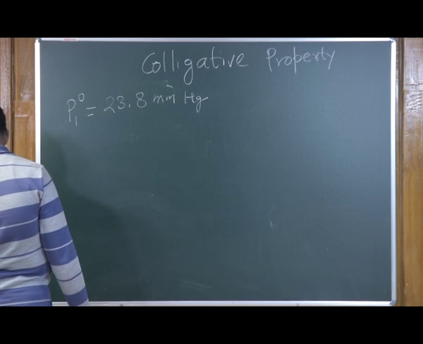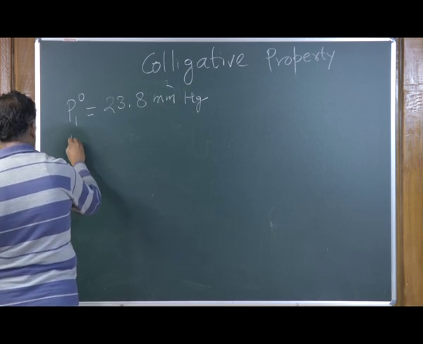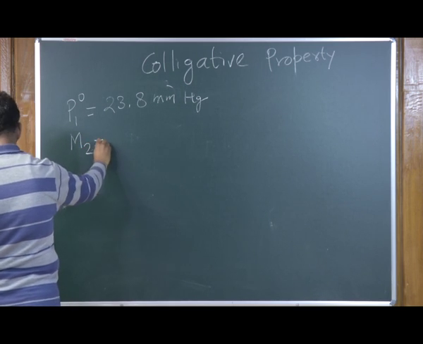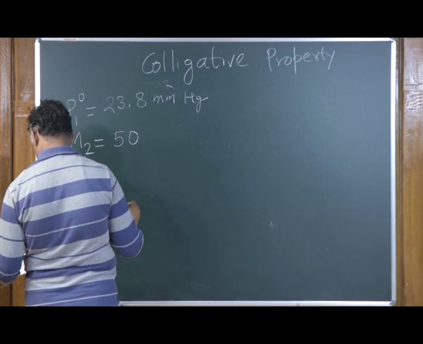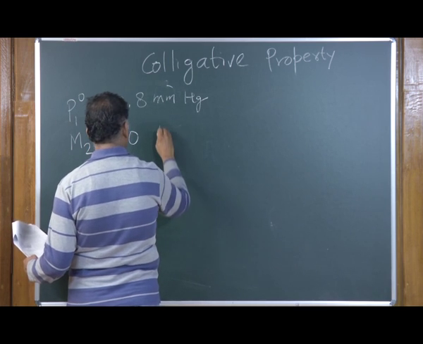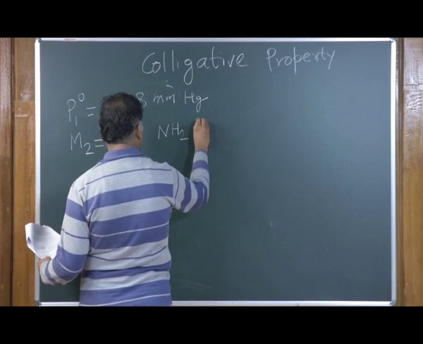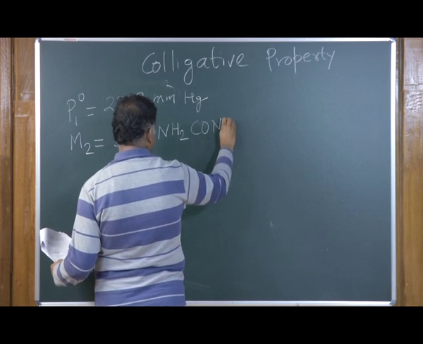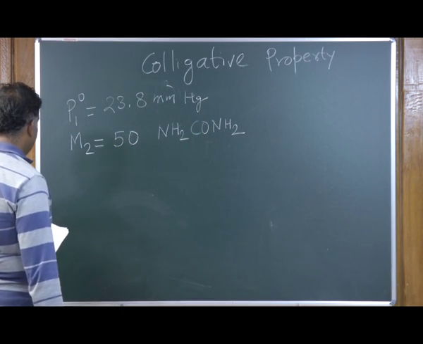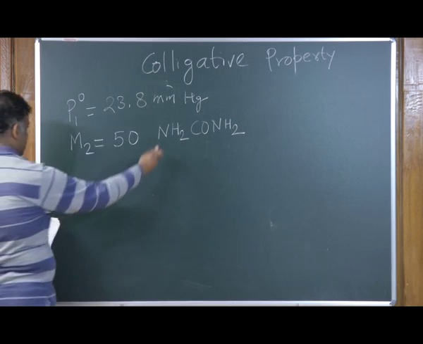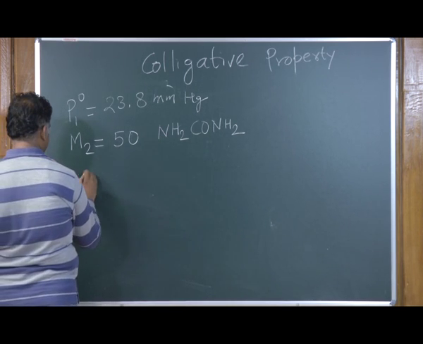50 gram of urea is dissolved. So, the solute is urea. So, weight of urea is 50 gram. Since we will need the molecular weight, I am just going to write the molecular formula of urea, that is NH2CONH2. So, 50 gram of solute in 850 gram of water.